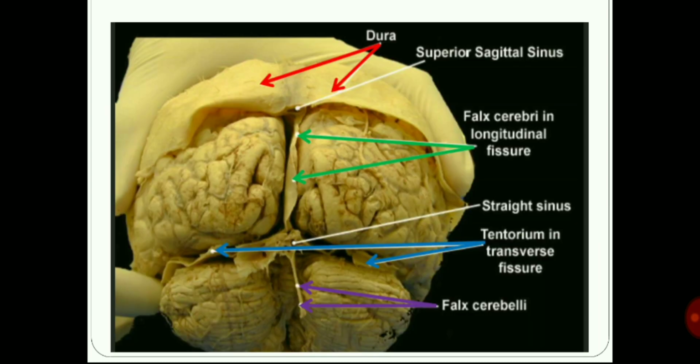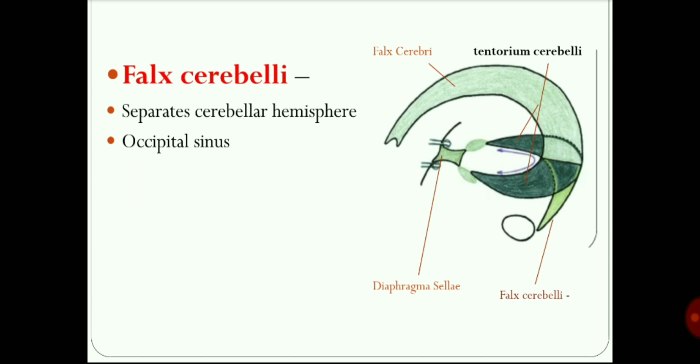Anteriorly it is free, and below it is pointed and attached in the region of the posterior margin of the foramen magnum, and posteriorly it is attached to the groove on the occipital bone, and along this posterior margin it is enclosing the occipital sinus. So the occipital sinus is enclosed along the posterior margin of the falx cerebelli.